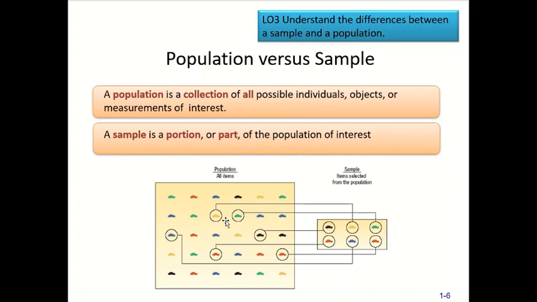In a particular city, they do not approach each and every voter, but rather from select few voters they take the responses, and based on that they predict how many seats a particular party or a particular contestant will win in an election. So this is again an example of using a sample and then drawing inferences based on the sample.